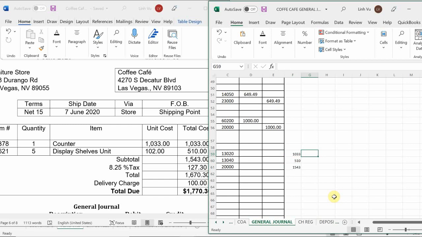I need to split the tax on this, right? How much tax? Right now, I have a total of $127.30 worth of tax. So in this case, how am I going to solve for the tax on my counter? I'm going to multiply it by my tax, right? And what do I get for my tax here?